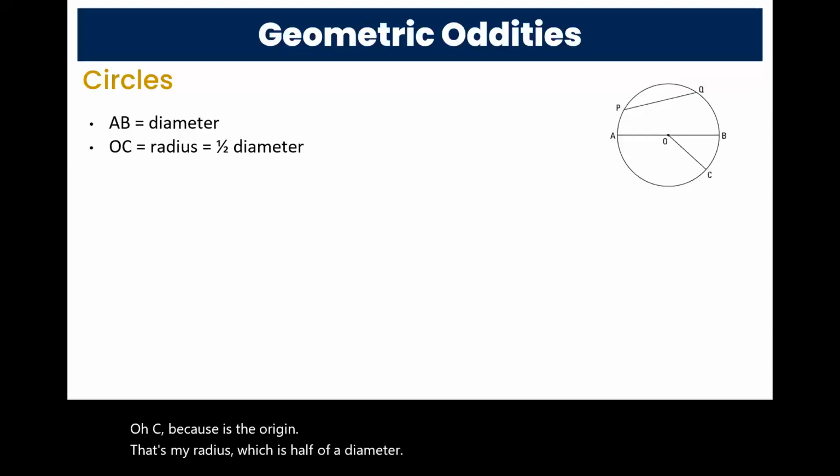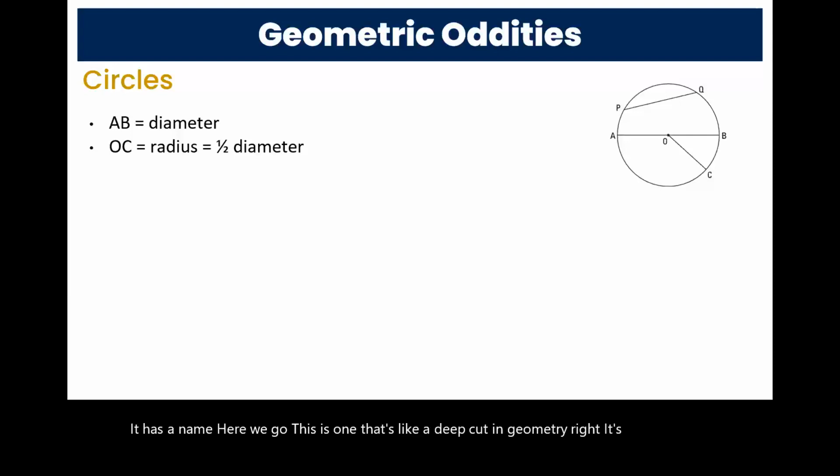What would you call PQ? It has a name. There we go. This is one of those, that's like a deep cut in geometry, right? It's a chord. It's a chord.